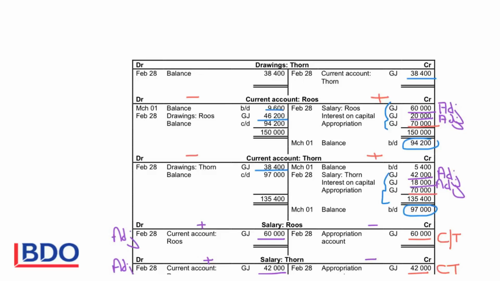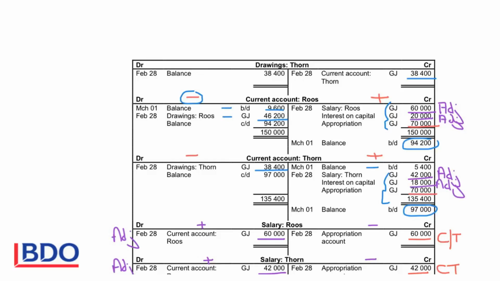Now remember, the equity increases on the credit side. So any amount on the debit side will be a negative figure. So in the note, we will show this balance as a negative figure and we will show the drawings as a negative figure. In the current account of Thorn, the balance is on the credit side.